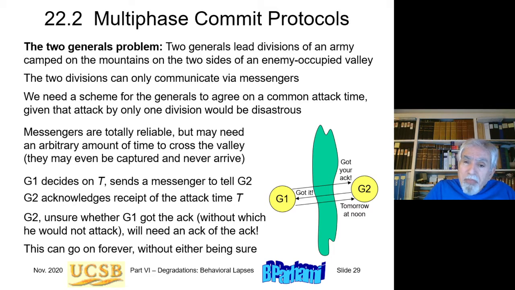So let me explain what the two generals problem is. Imagine that 2 generals, G1 and G2, look at the diagram, and their troops are camped outside an enemy city or territory.